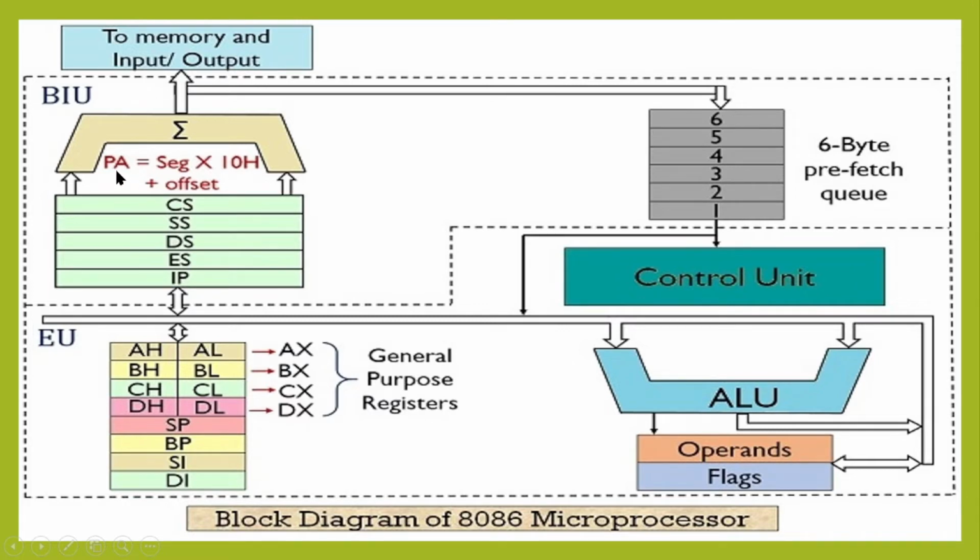The physical address calculation formula is segment times 10 plus offset. In the 8086, the memory is divided into four segments: code segment, stack segment, data segment and extra segment. These four segments hold the corresponding data. For example, the code segment holds the program.